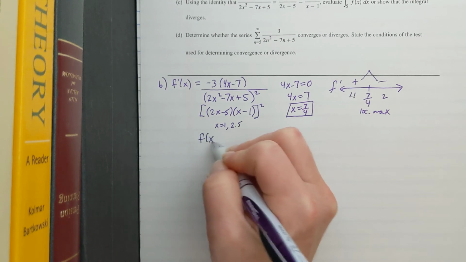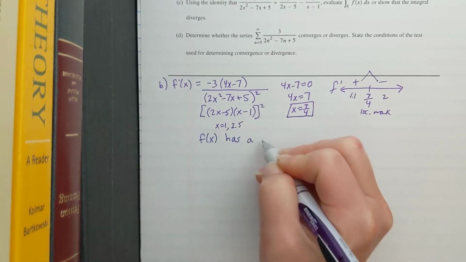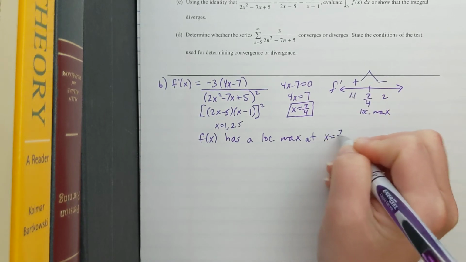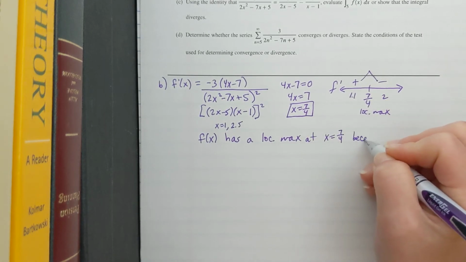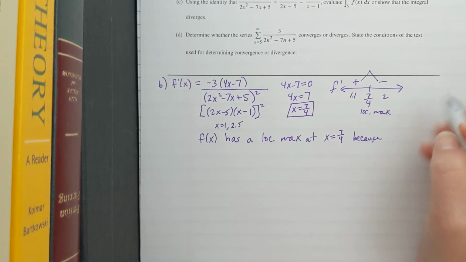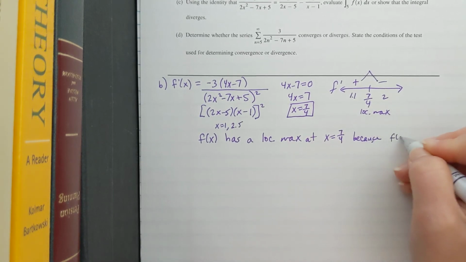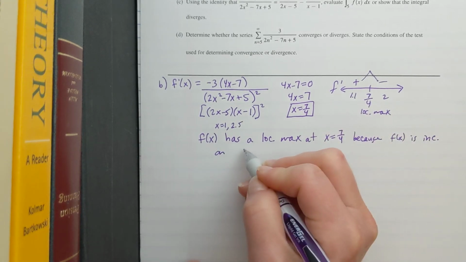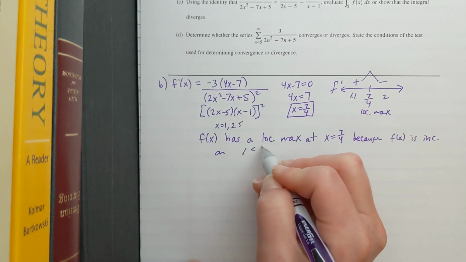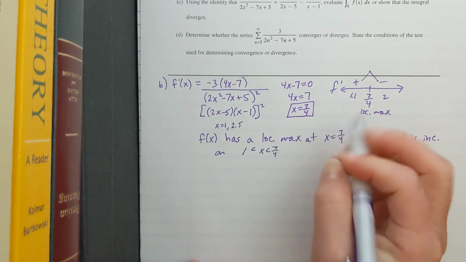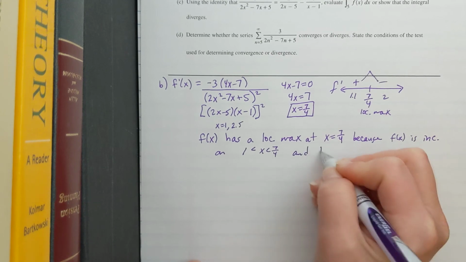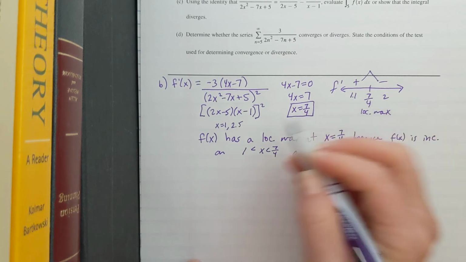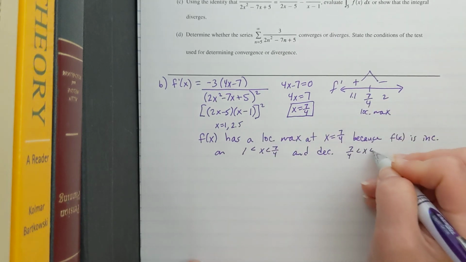I can say f of x has a local max at x equals 7/4 because f of x is increasing on from 1 to 7/4 and decreasing from 7/4 to, what was our cutoff here, 2.5.